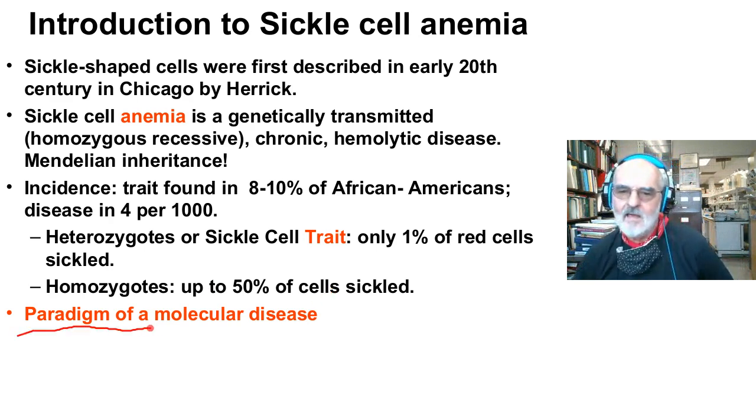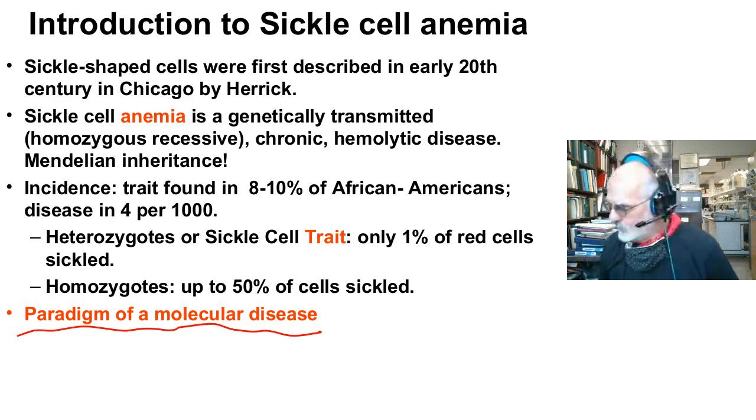I emphasize here that this is a paradigm for molecular disease. There are a number of diseases out there that are clearly associated with a single gene. They're clearly associated with single mutations, okay? And this was first observed for sickle cell.